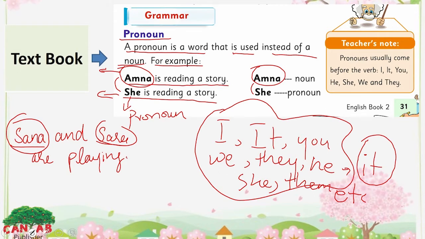By adding pronoun here. We have two nouns, plural, not a single noun here. So what we will do? Yes, we will replace it by adding they for both nouns here. They are playing.